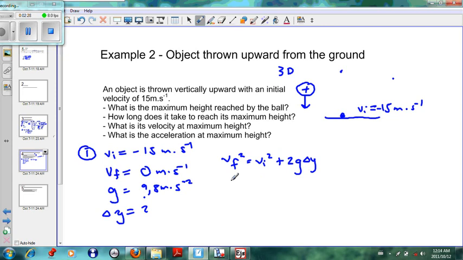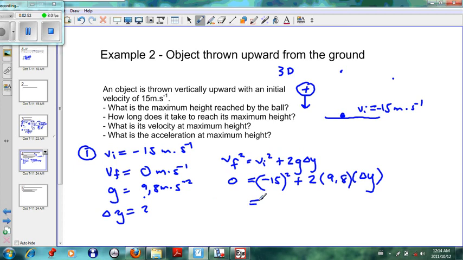And your final velocity is 0. Don't forget that. Your initial velocity is minus 15, which must be squared, plus 2 times 9.8, which is your gravity, and your delta y is what you want to find.